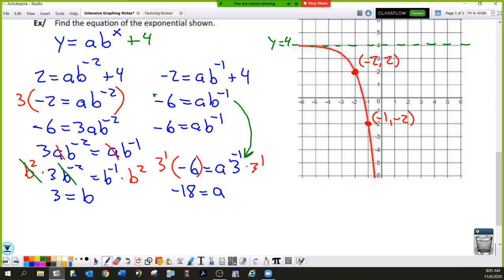I'm asking you to realize that your exponential base is a factor of a. I would like you to write a, instead of saying it's negative 18, I would like you to say it's negative 2 times 9, which is 3 squared.